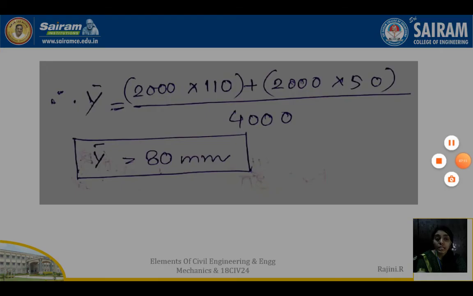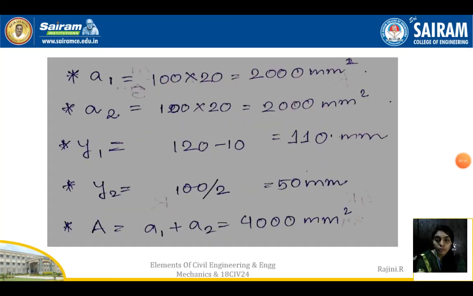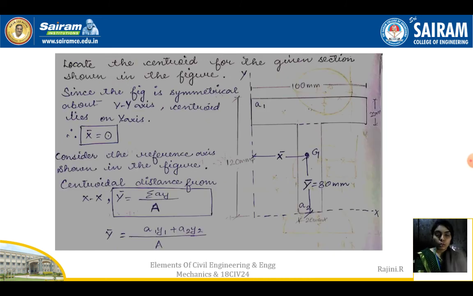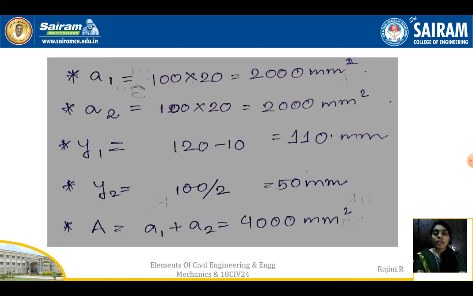How we find capital A: you add both the areas, that is a1 plus a2, the horizontal rectangle and the vertical rectangle, so you get 4000 square.